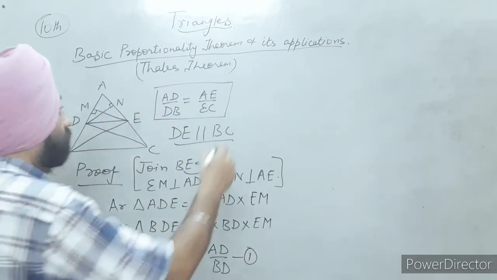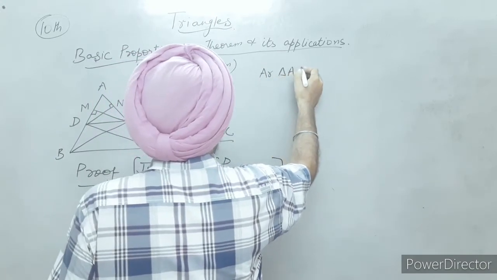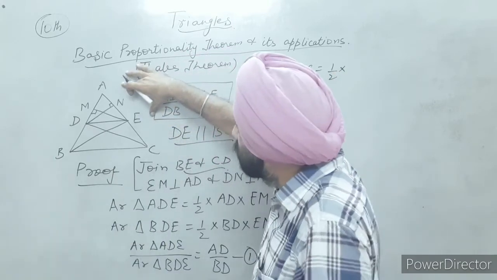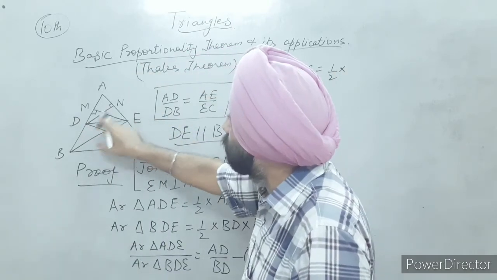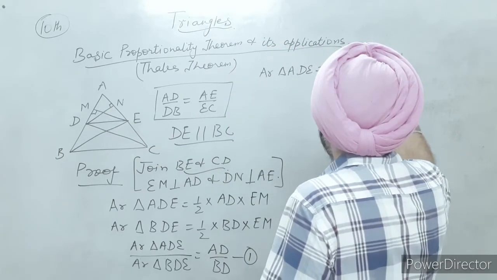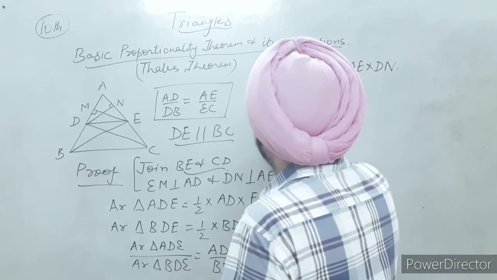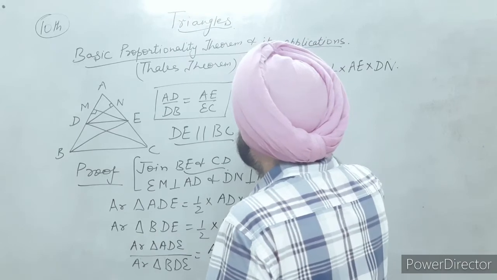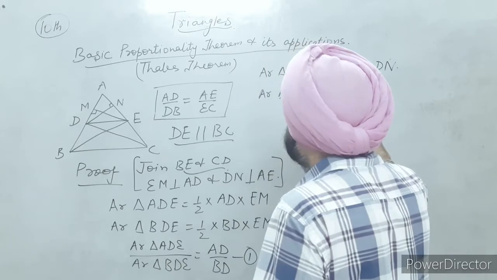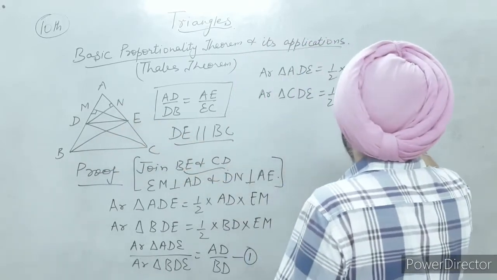Now the second case is, again I take area of triangle ADE. This can be written as half into, now I will take the base as AE and the perpendicular DN, half base into DN. This is the height. Then area of triangle CDE is half into base CE into the perpendicular dropped, that is DN.